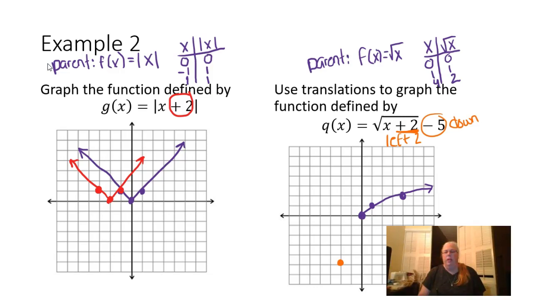This point's going to go left 2 and down 5 to right here. And then this point's going to go left 2 and down 5 to right here. And so my translated graph is going to be right here, the orange one.